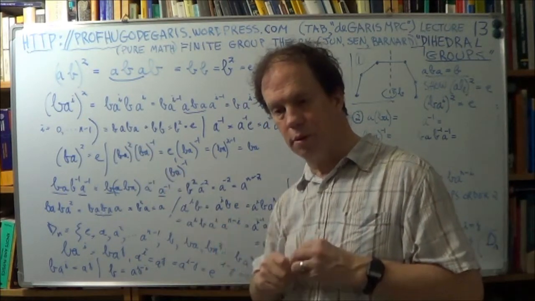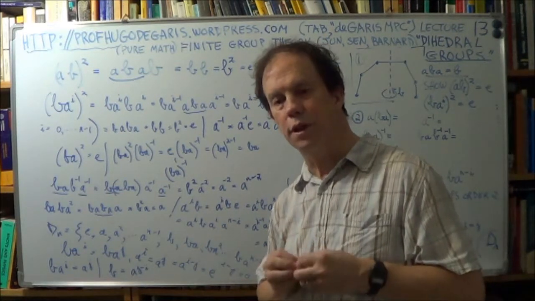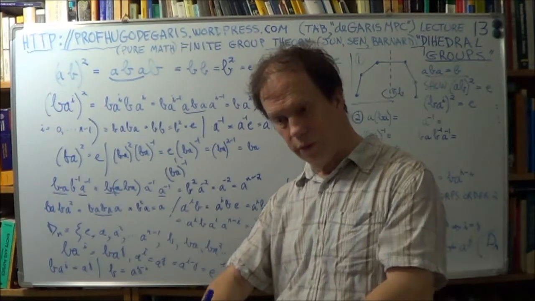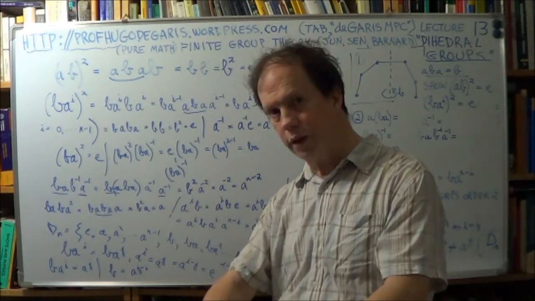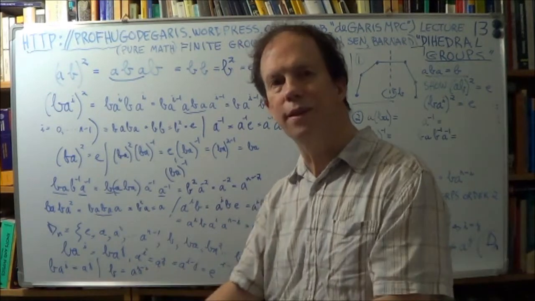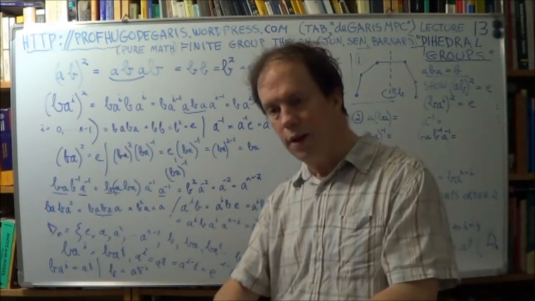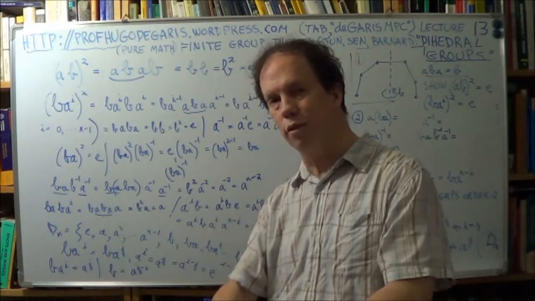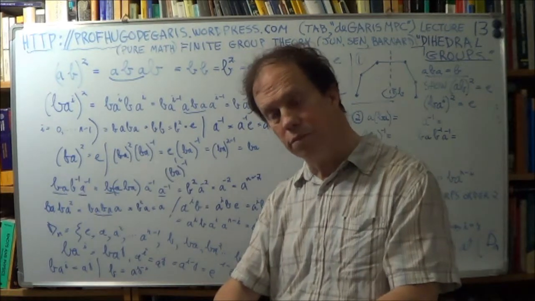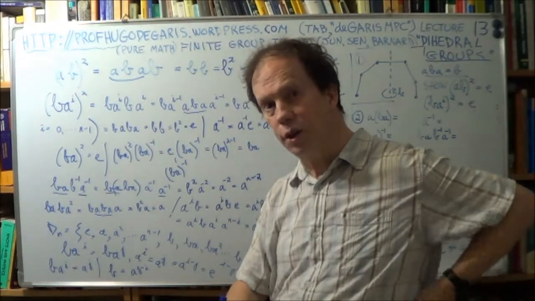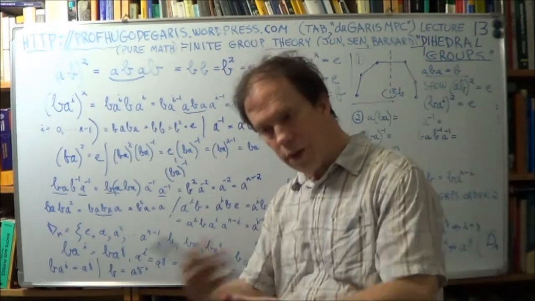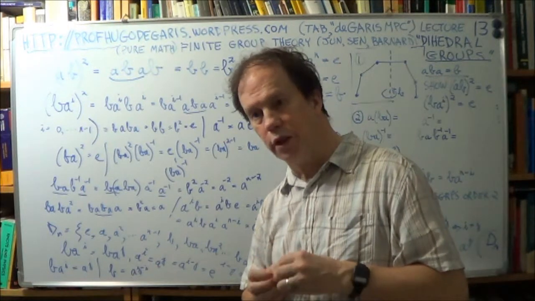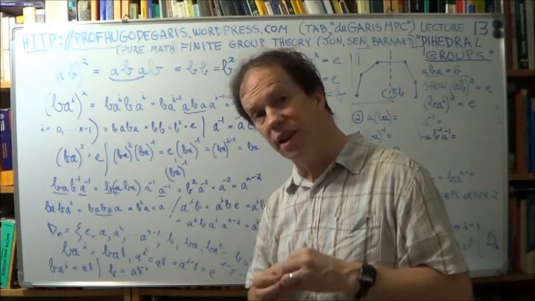Now, in earlier lectures we were asking, how do you distinguish between two groups that have the same order but different group tables? They're not isomorphic, right? So implicit in that analysis was that for the same order, the same size of the group, you can have different groups, because their tables are different. They are not isomorphic. So that in turn might motivate you to ask, for a given order, how many different types of groups are there?